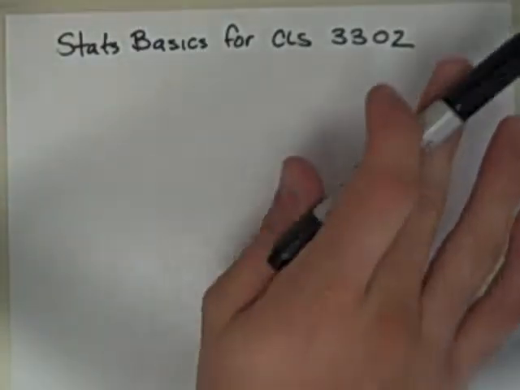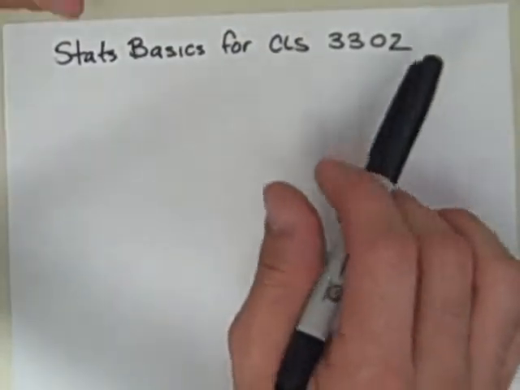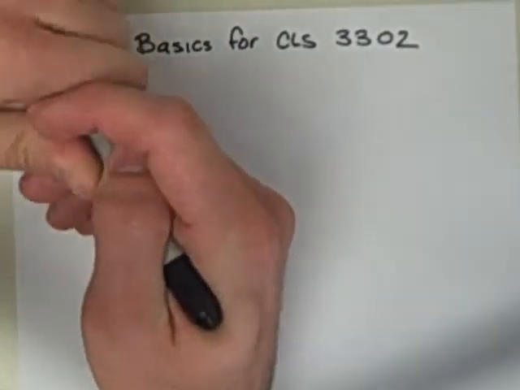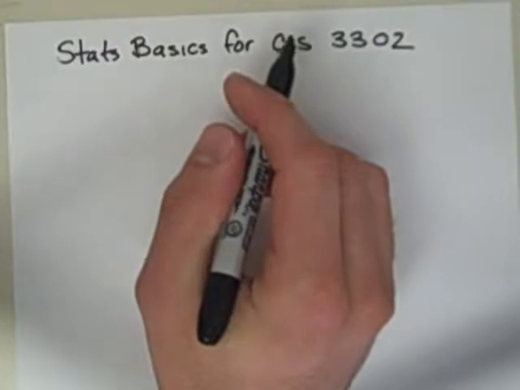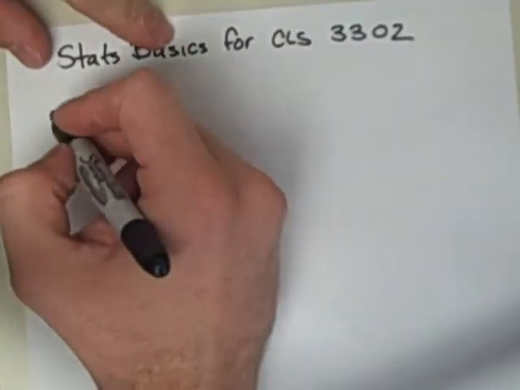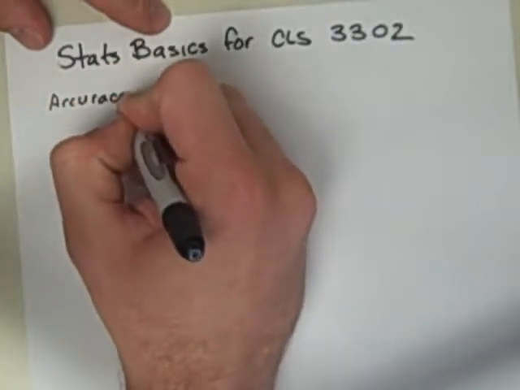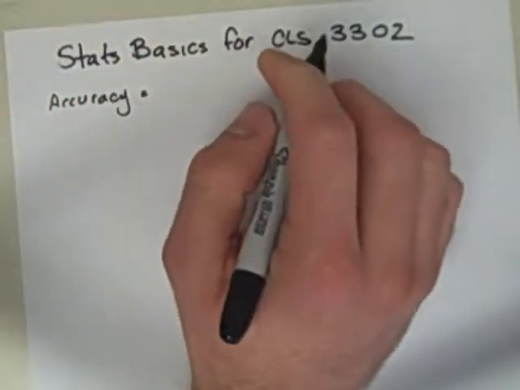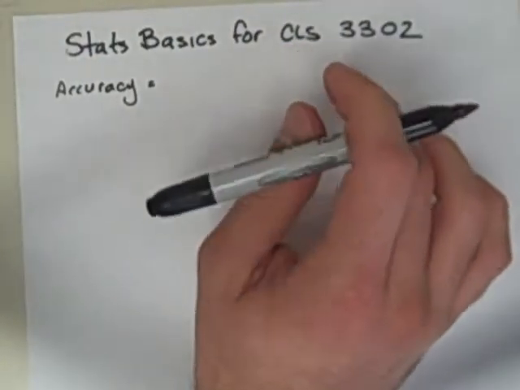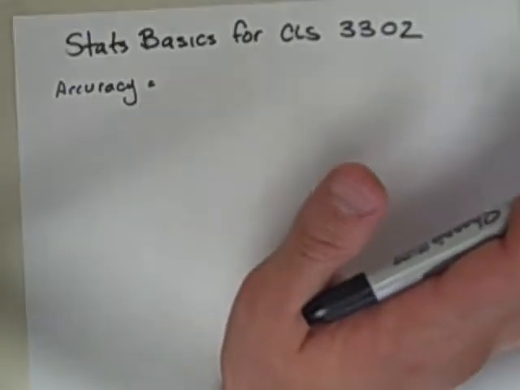Anyway, I'm going to start with the idea of accuracy and precision, because this lies at the heart of everything that we are going for. Not everything, but they're huge concepts. So, accuracy. If you think of playing darts, accuracy would be hitting the bullseye.